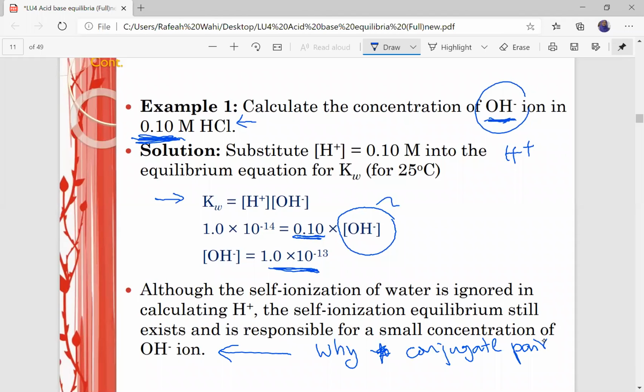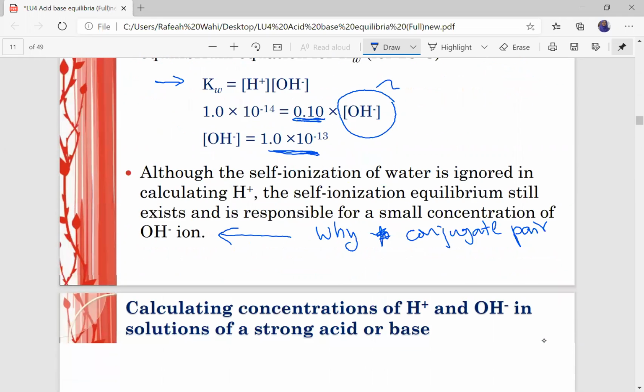Because the acid is in a solution form, although you have H plus contributed by the acid itself, you can also have a small amount of hydroxide ion contributed by the auto-ionization of water, which is the solvent for the acid.